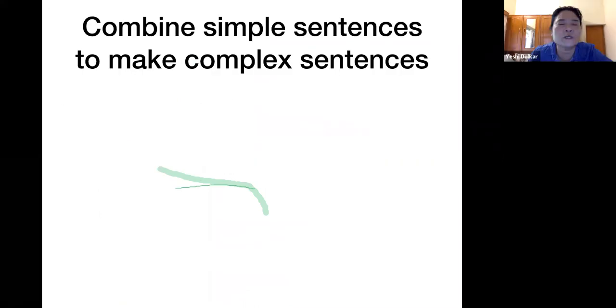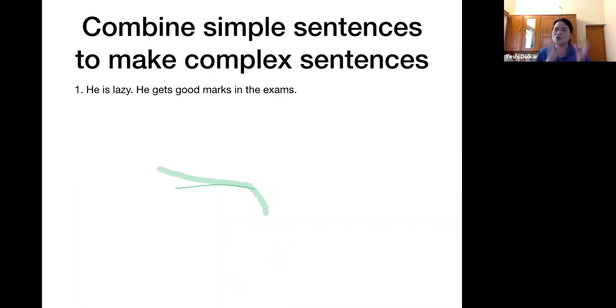Now we have a little bit of an exercise. For example: he is lazy; he gets good marks in the exams. But then you combine them into a complex sentence, not with a coordinating conjunction.